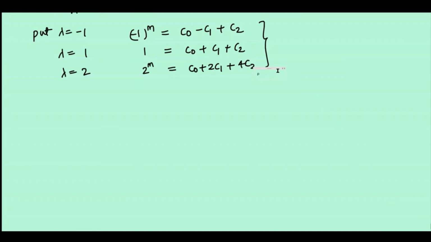So we have three equations in three unknowns, and if we solve them, we will get the values of C0, C1 and C2. You can solve by any method, by the substitution method or by adding two equations.